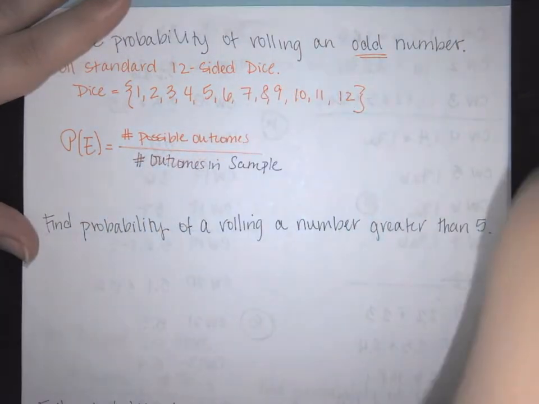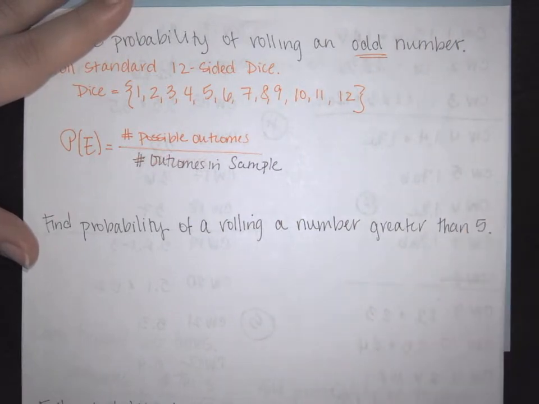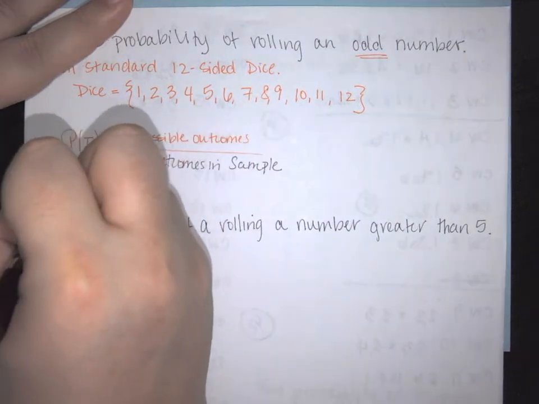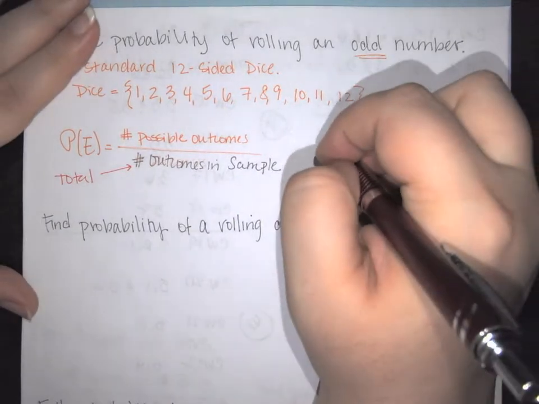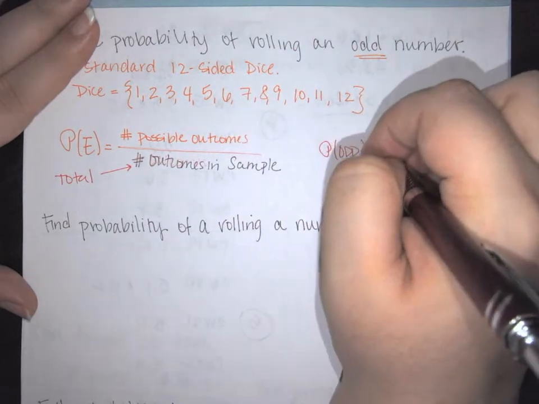So when we're talking about the number of outcomes in your sample, what we're actually talking about is your total. For our case, we're dealing with dice, and what we want to know is the probability that we're going to roll an odd number.